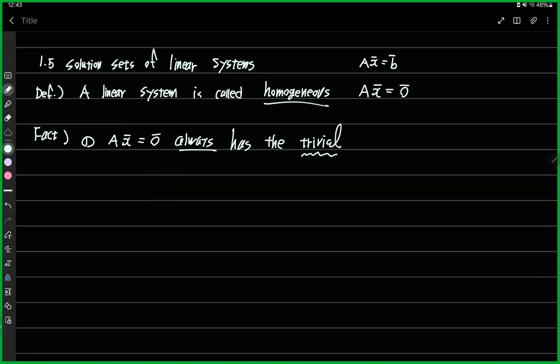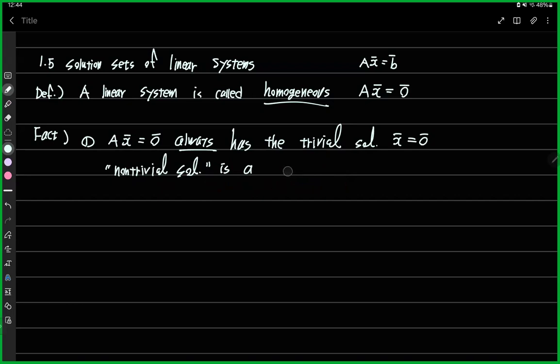We're not interested in the trivial solution. What we are interested in is a non-trivial solution, which is a non-zero solution vector. Trivial solution: x bar is equal to 0. A non-trivial solution is a solution that is non-zero.